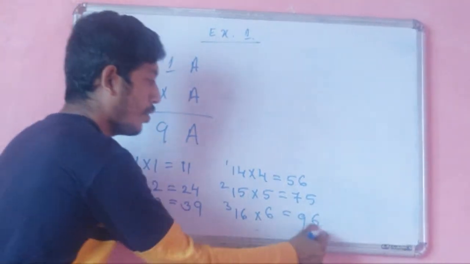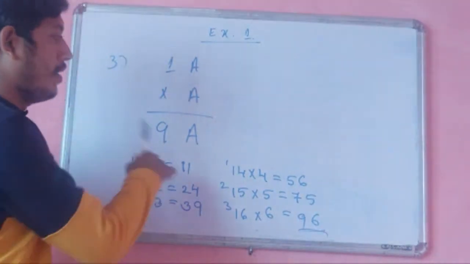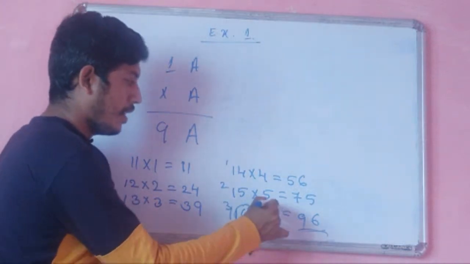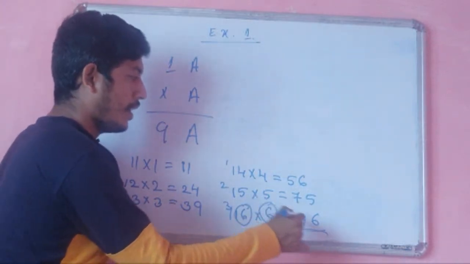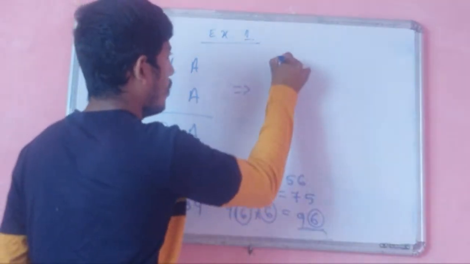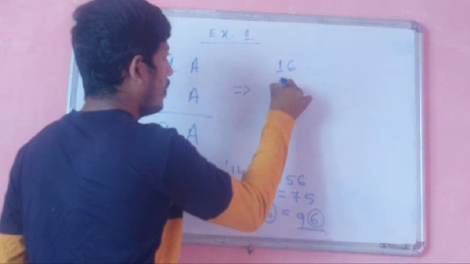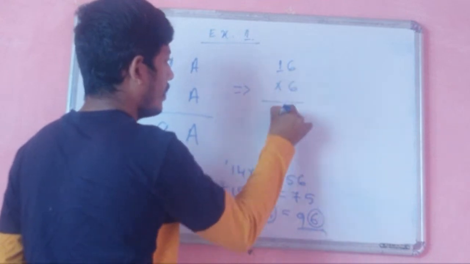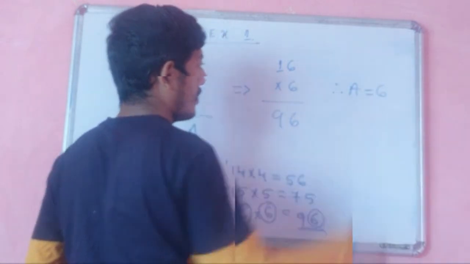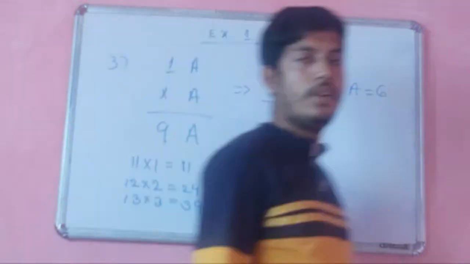So here I got the value of this number. So 16 into 6 gives 96. Therefore value of A is 6.